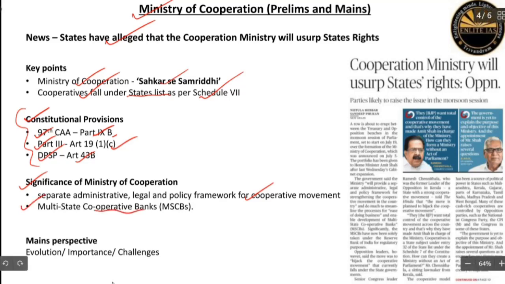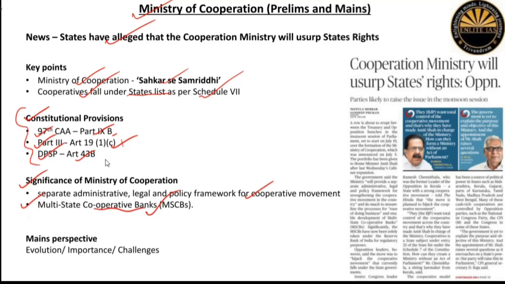This is believed to lead to increasing credit capacity and credit expansion of cooperative banks. Cooperative banks are mostly limited within states, and this will also give a huge push to the cooperative movement across the country in general.